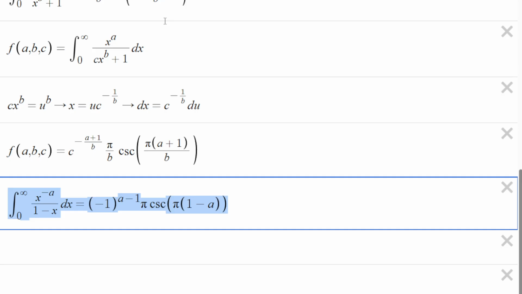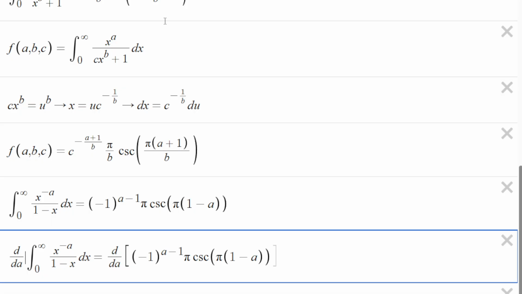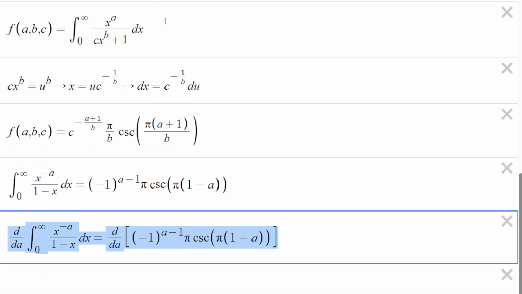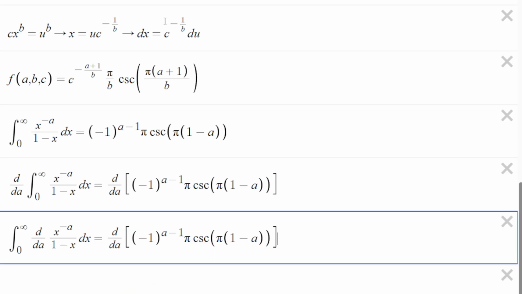So on both sides of this, we will differentiate with respect to a. And of course, we can use the Leibniz rule for differentiation under the integral sign, aka Feynman integration, to bring this derivative inside as a partial, just like that. All right, and now let's actually evaluate the derivative with respect to a of this.